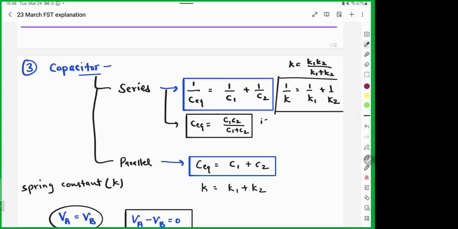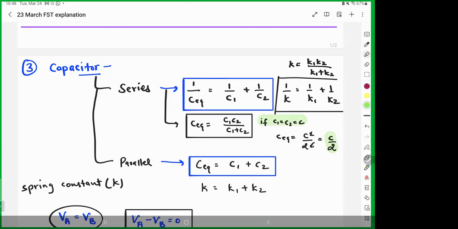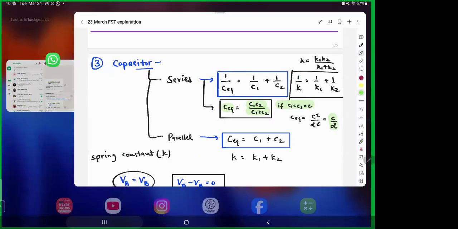If both capacitors are same, C1 is equal to C2 is equal to C, what will happen? Equivalent capacitance will be equal to C square by 2C, C cancel, half of the capacitance. Okay, if both capacitors are equal, whatever capacitance value you have, it will be half. Doesn't matter what is the value. Okay, this is the combination. Now look at this question.